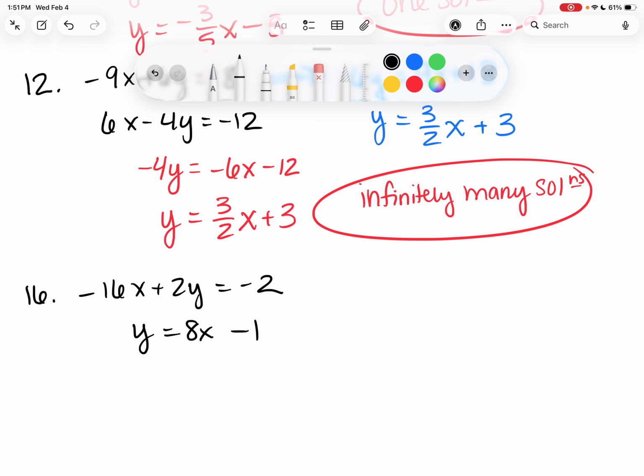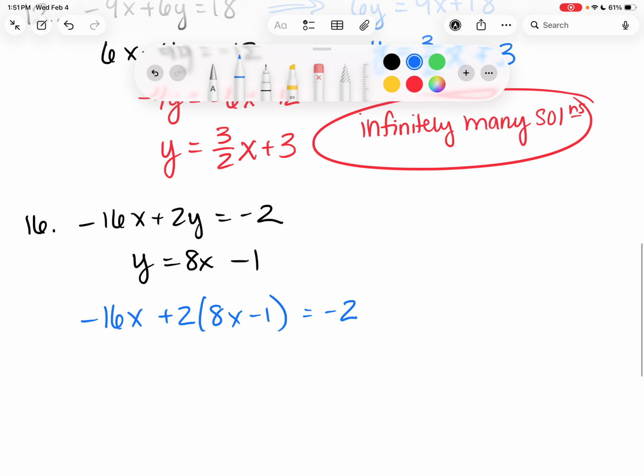Also, at a quick glance, y and x don't match the y and x up here, so I would also have to multiply. So that just looks like a whole lot of work. So I'm going to use substitution. So 8x minus 1 is getting plugged in for y in the top equation. So I have negative 16x plus 2 times 8x minus 1 equals negative 2.